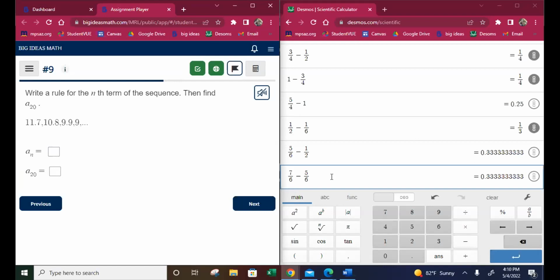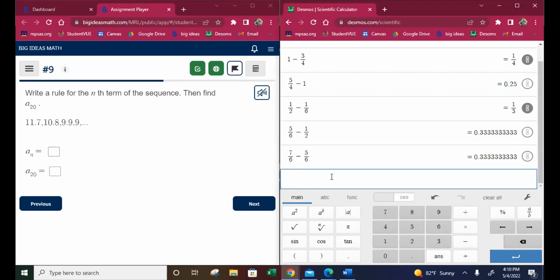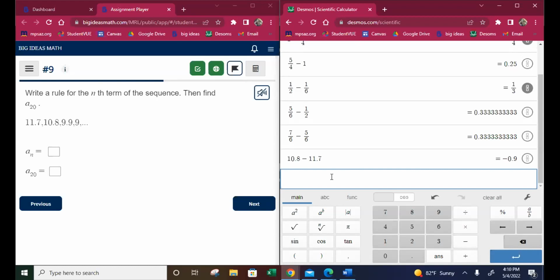I need you to find the common difference, and you've got to do right minus left. So it's 10.8 minus 11.7. The order does matter, which is why I'm asking you to do it that way. Then do the next one. What is that? 9.9 minus 10.8.